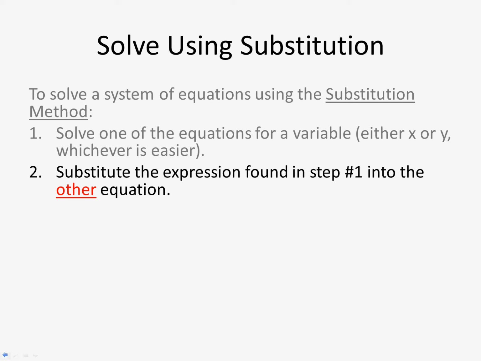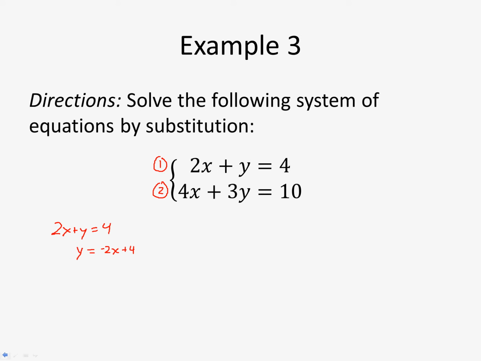So remember, we found y was equal to negative 2x plus 4. Since we found that from equation 1, we need to take this knowledge and plug it into this equation.